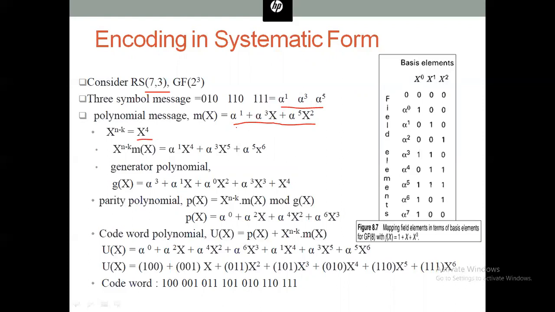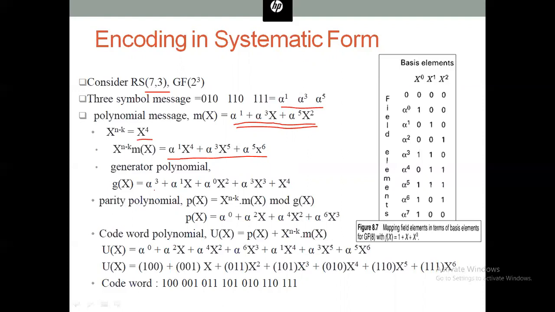So we multiply this message with x to the n minus k. So we get the shifted version of the message, which is x4, x5, x6 with the same coefficient values.